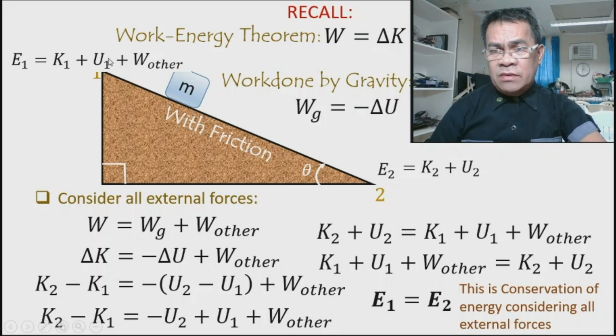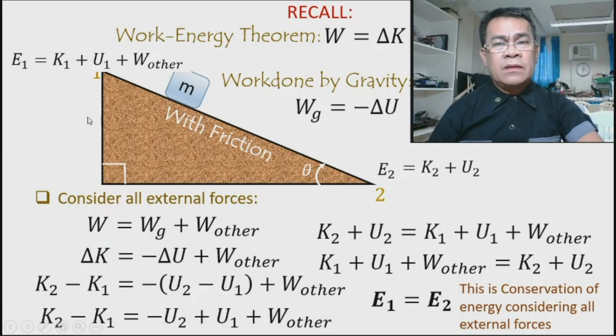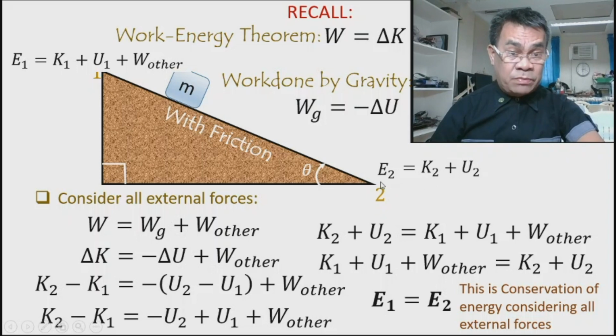The potential energy is now composed of two: the gravitational potential energy plus the initial elastic potential energy. Then you have to add another term here, plus the final elastic potential energy. So just add the potential. But take note, the elastic energy will be present only if there is elastic activity at this point.